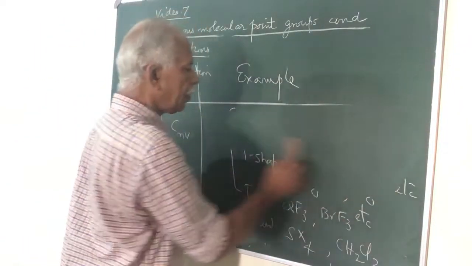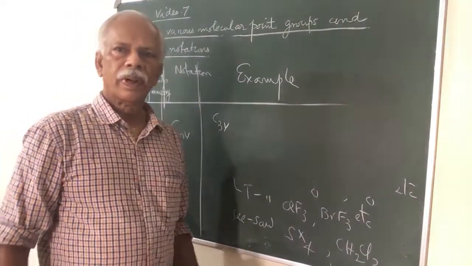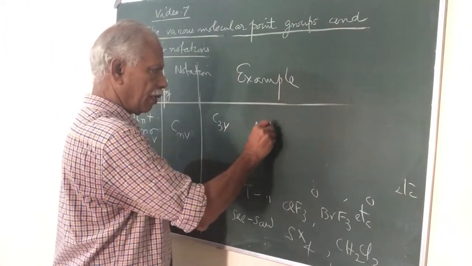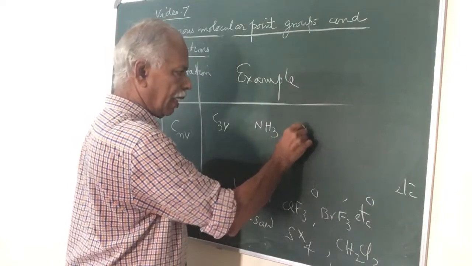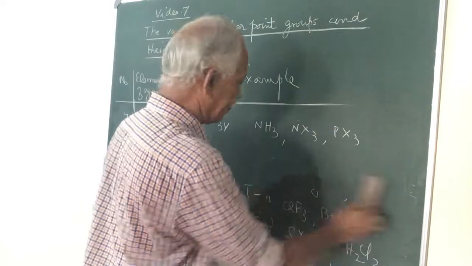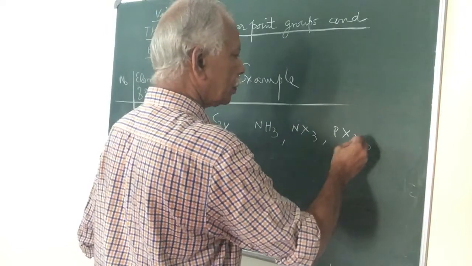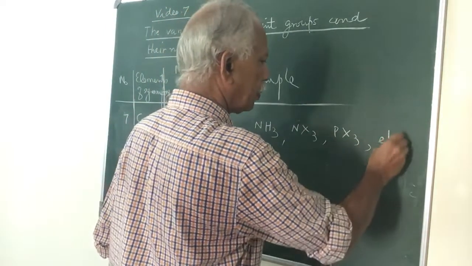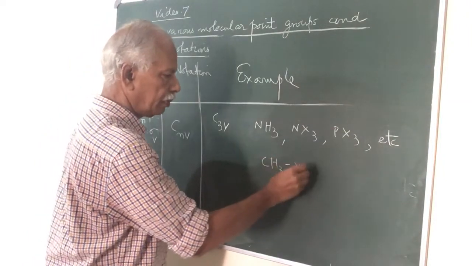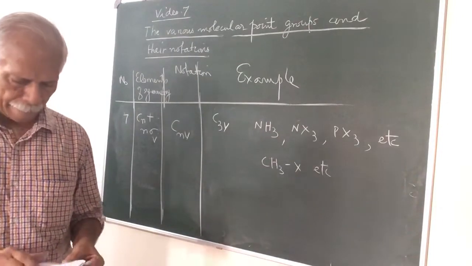Then C3v. Triangular pyramidal molecules like ammonia, nitrogen trihalides, phosphorus trihalides. Then monohalomethane, CH3X, etc. are of the C3v type.